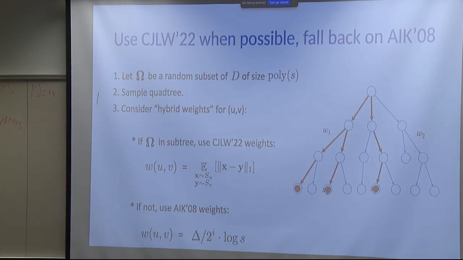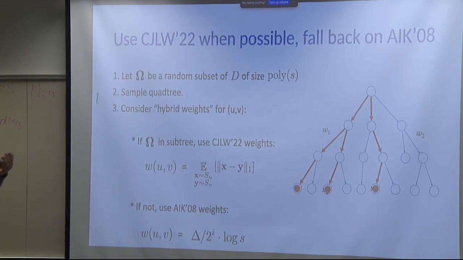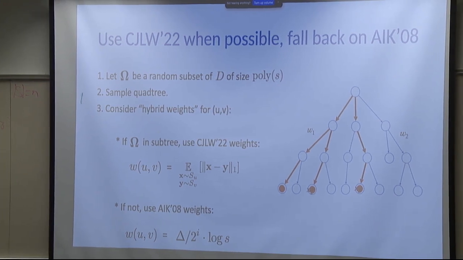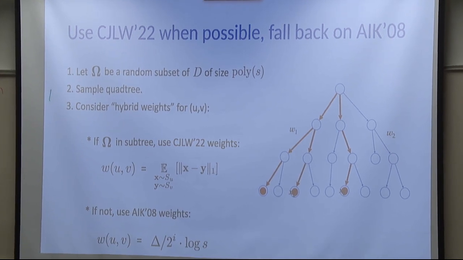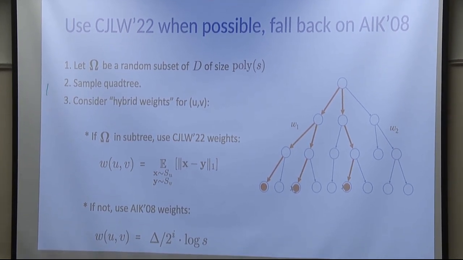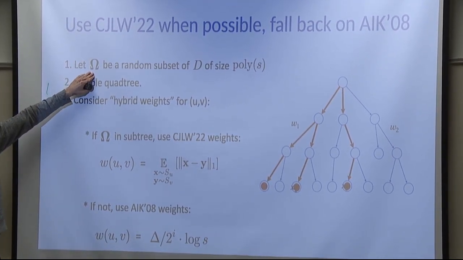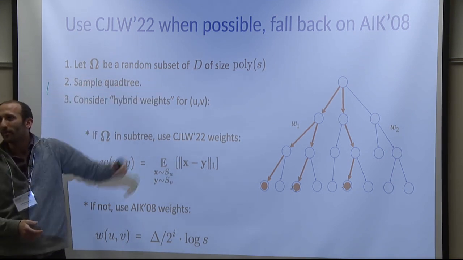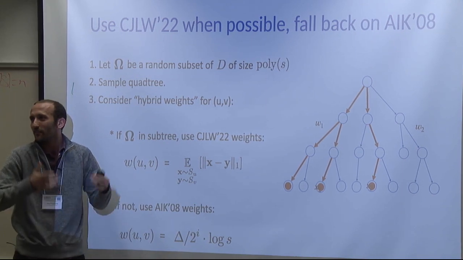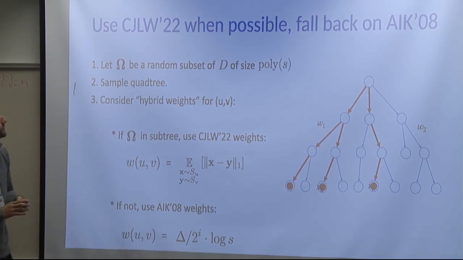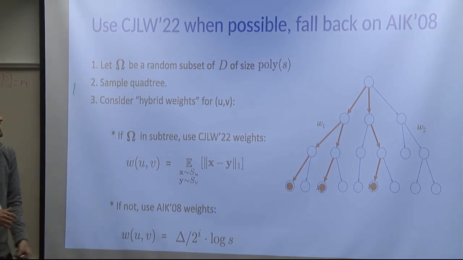Okay, so what we're going to do is we're essentially going to try to do what we can, and when we don't have any points, we're just going to use the weights from Andoni and the Krauthgamer. So we're going to sample from our data set poly S many points. This is as much as we can support while using the previous embedding, because we have to keep omega to be poly S. These are randomly subset from my data set.